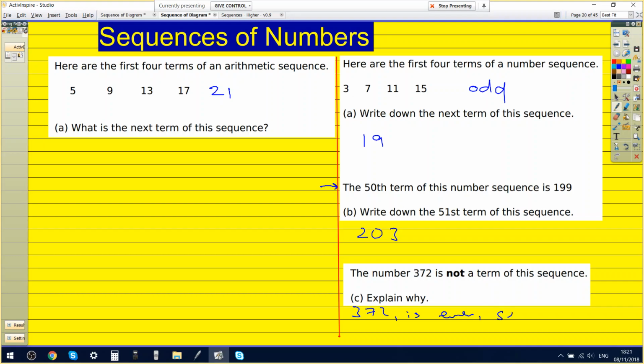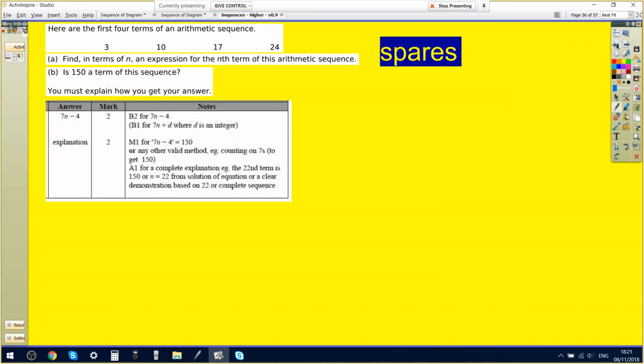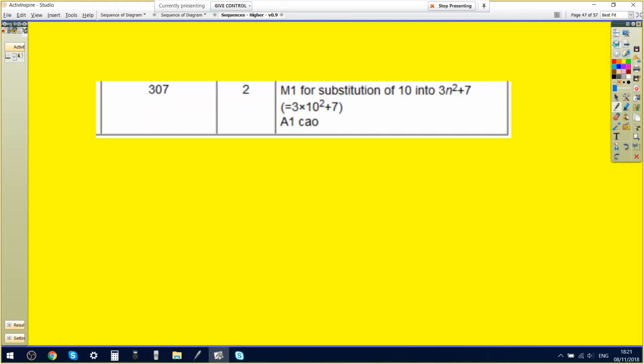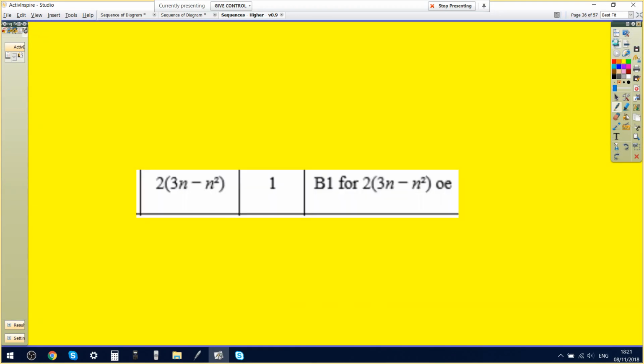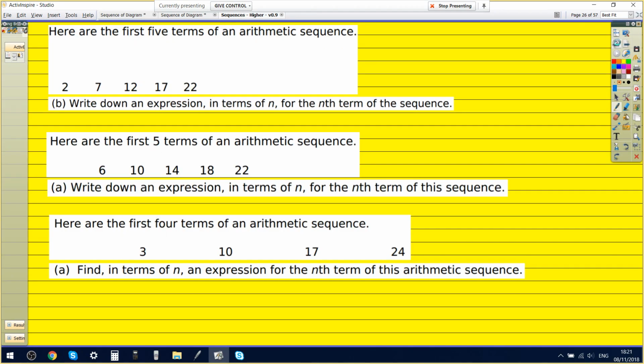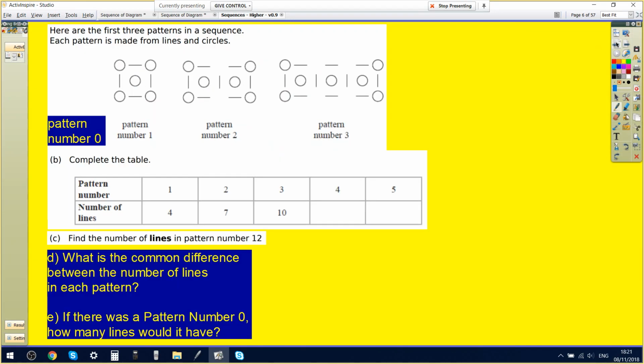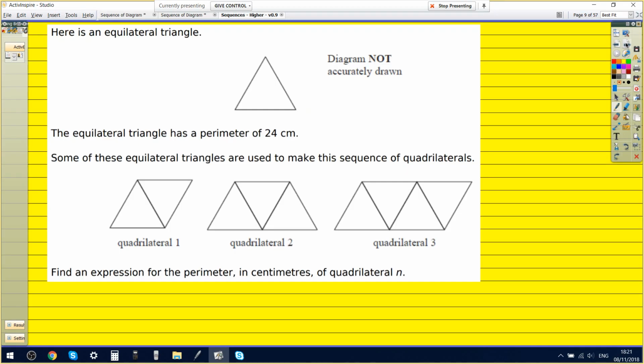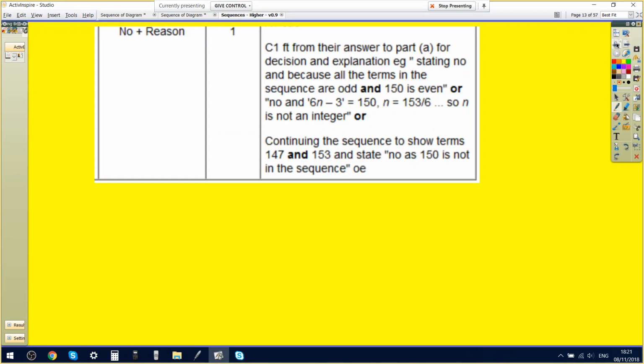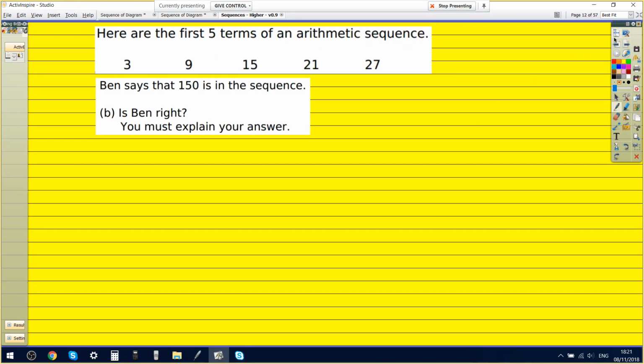And all the numbers in the sequence are odd. Let me switch over to something else. Yeah, this one. Okay, how about this one?